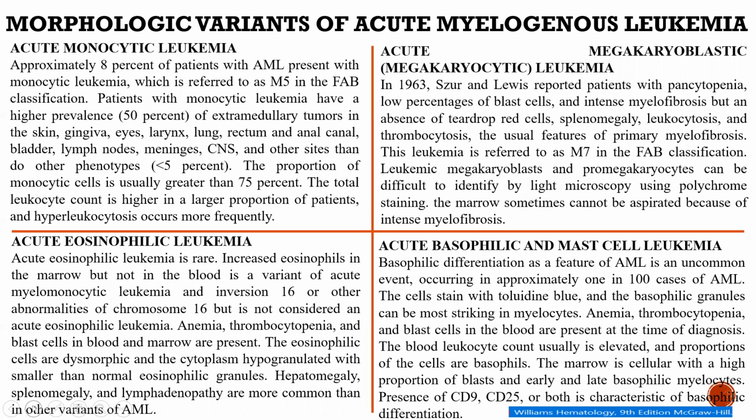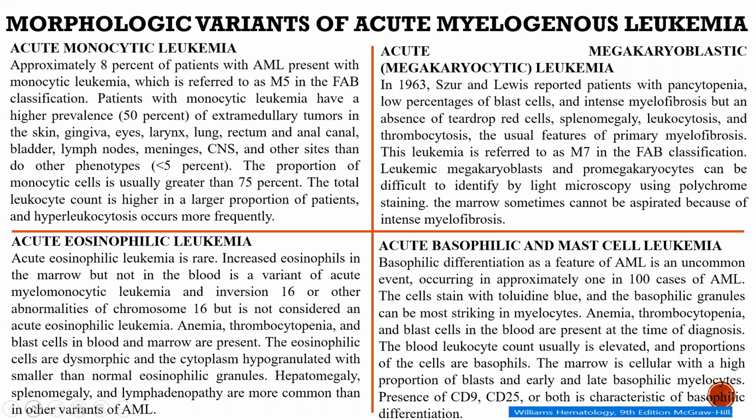Acute megakaryoblastic leukemia was first reported in 1963 by Jour and Lewis. They reported a patient with pancytopenia, a low percentage of blood cells, and intense myelofibrosis, but an absence of teardrop red cells, splenomegaly, leukocytosis, and thrombocytosis, the usual features of primary myelofibrosis.